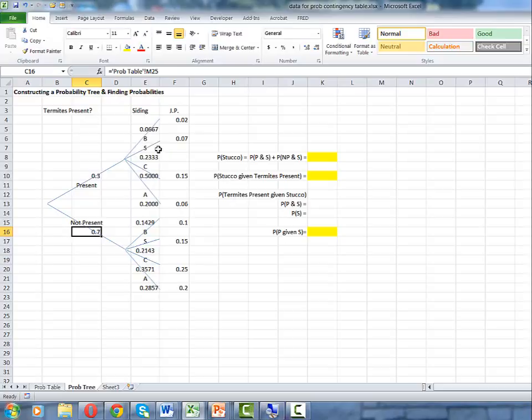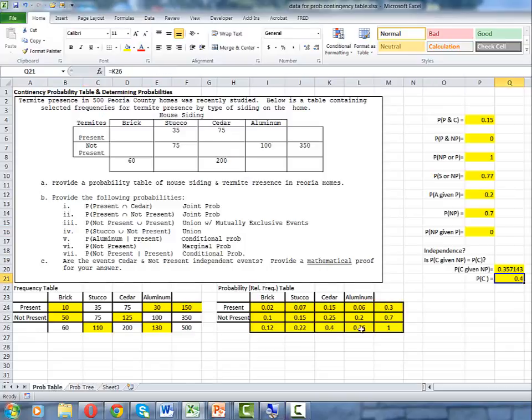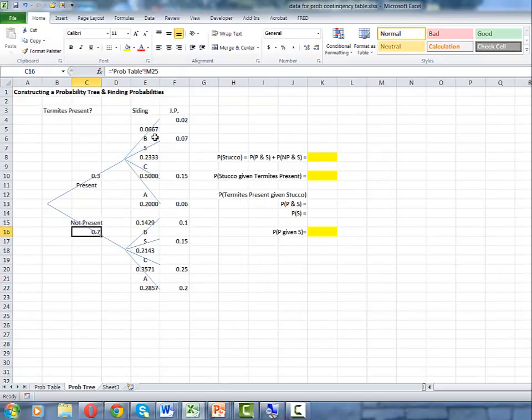And so what's different from the contingency table is you have these marginal probabilities, which is fine. They're in the contingency table, but these are now conditional because we have this as already occurring. We have the house has termites present, so what's the likelihood then that it's a brick home or a stucco or cedar or aluminum?